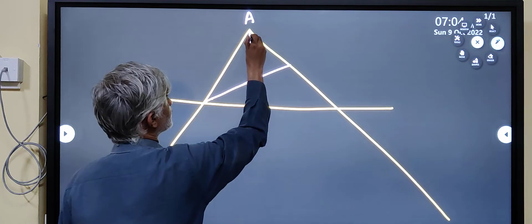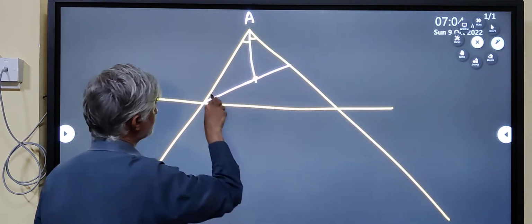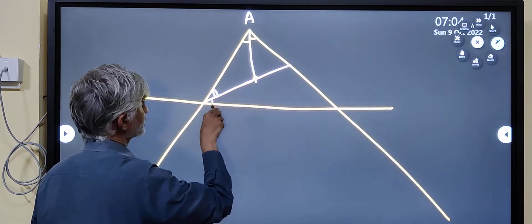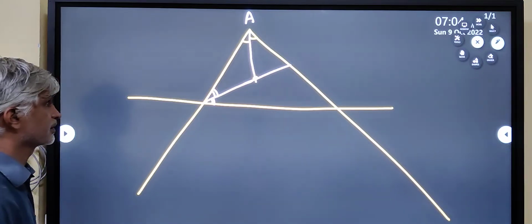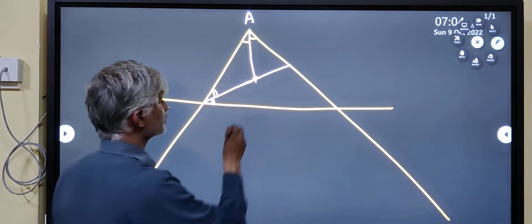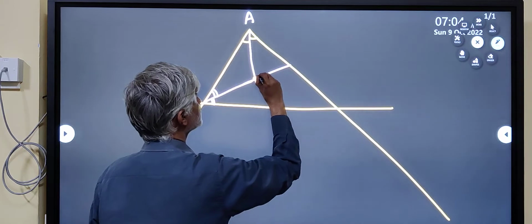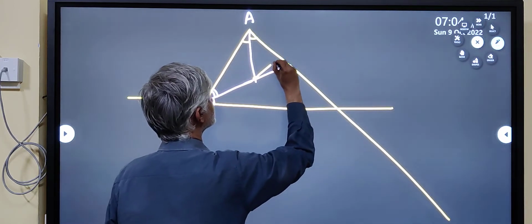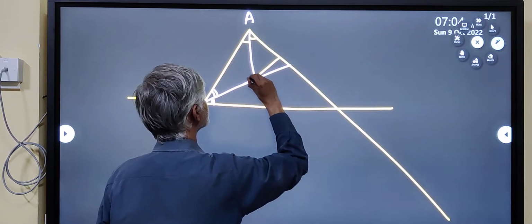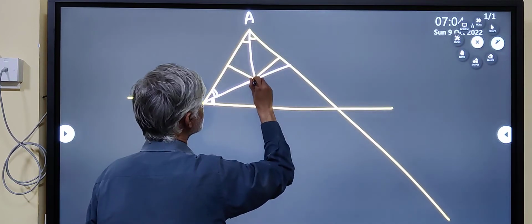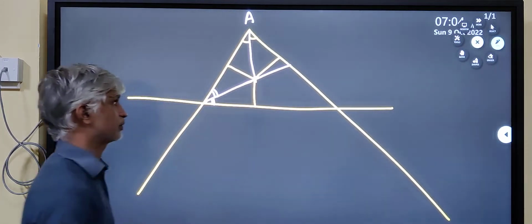So please note that this angle and this angle is same, and this angle and this angle is same. Now, we already proved that if I draw a perpendicular from the in-center, then all these three sides are equal.